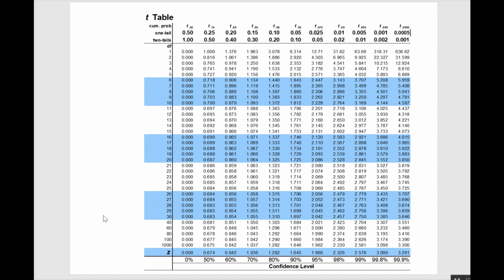Your alpha of two tail is 0.05, so your one tail is going to be 0.025. So it's going to be around here. At 24, you'll be getting 2.064.